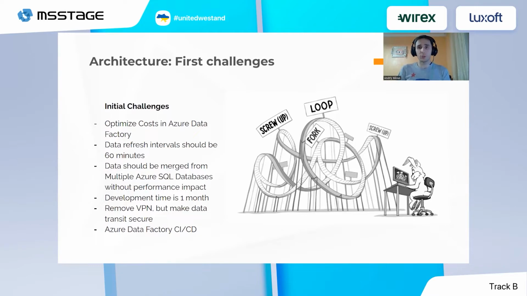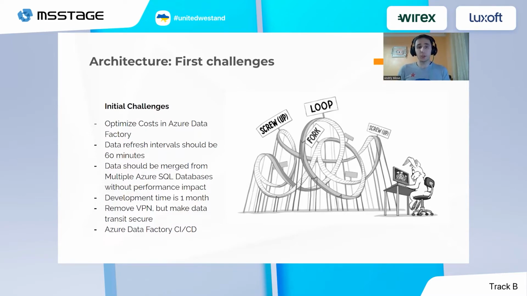So first, we should think about how to optimize cost in Azure Data Factory, because if we load all the data from this database every time, that was a waste of money, time, and resources. So the data refresh interval should be 60 minutes; if refresh intervals were less, let's say 5 or 10 minutes, we would pay more.